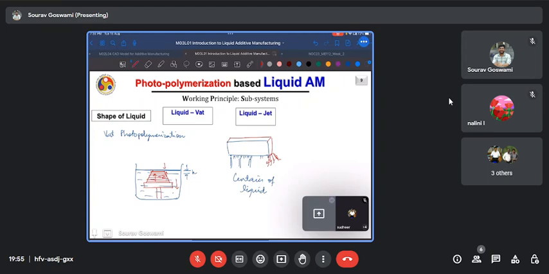This deposition head will travel in the x and y directions. In this case, the vat remains static in certain cases, or in other cases, it may also move, where the liquid itself is flying.